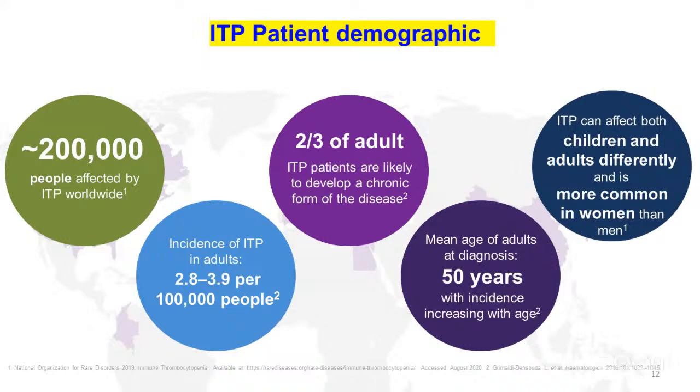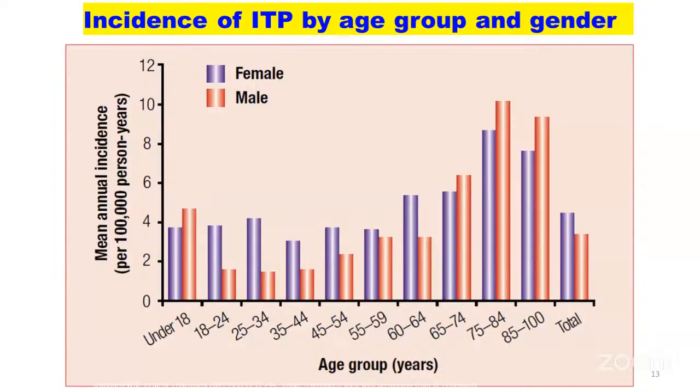As the age increases, the prevalence is increasing. ITP affects children and adults indifferently, as well as without sex discrimination. So this is the incidence of ITP according to the age group.